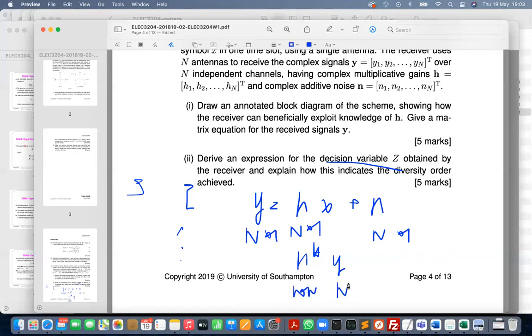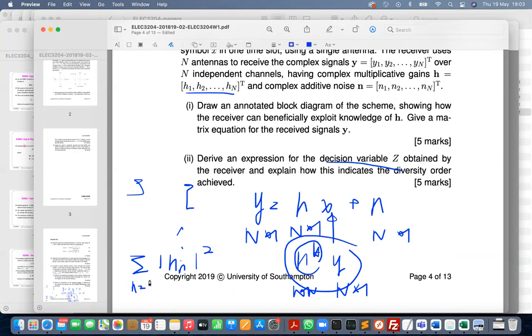This is n by 1. So you use this directly to detect x, and h Hermitian transpose multiplied by h would give you the power of all of them added together. So the diversity order is n because you have n copies of the feeding power.